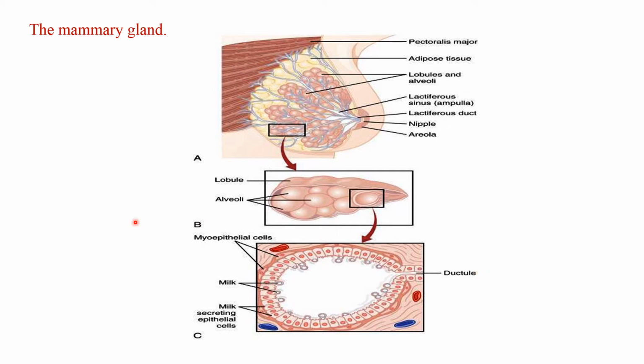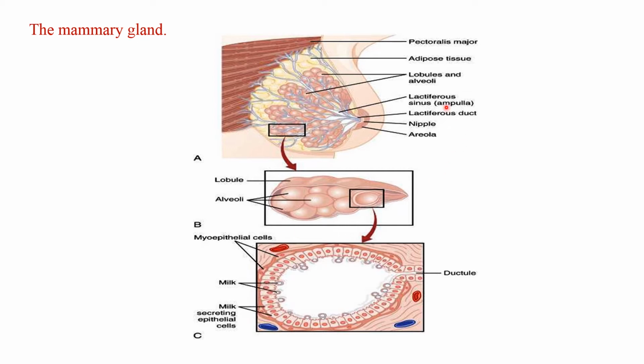So for the myoepithelial cells to contract, another hormone must be present. In other words, contraction of myoepithelial cells is under the control of another hormone. This hormone is oxytocin, which I'm sure you know comes from the posterior pituitary gland.